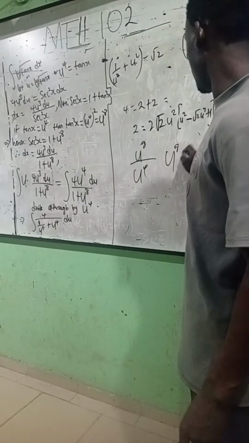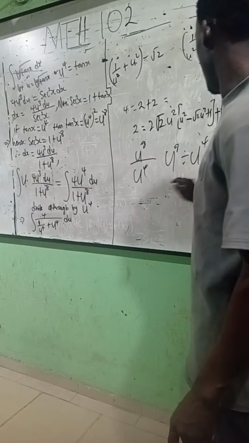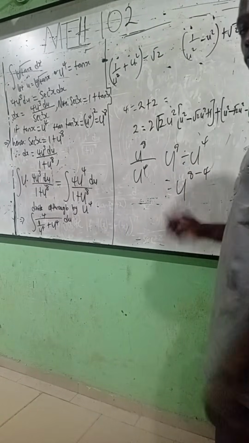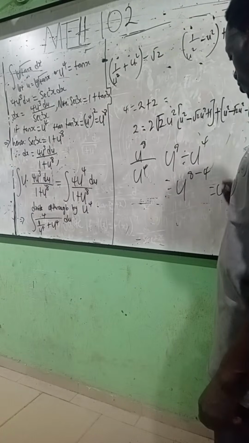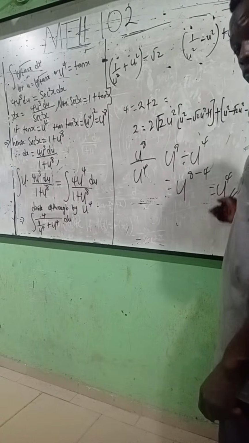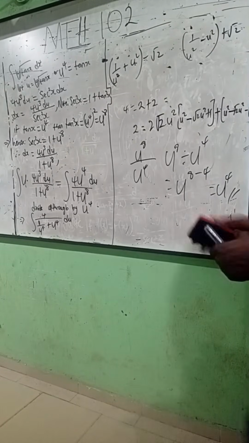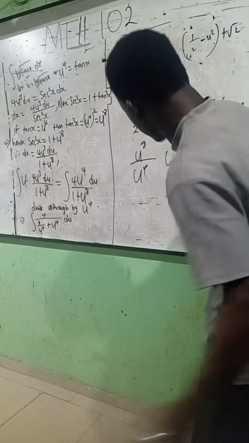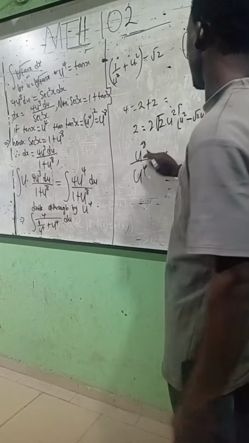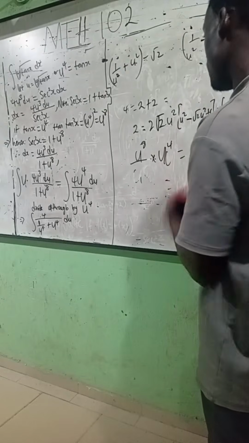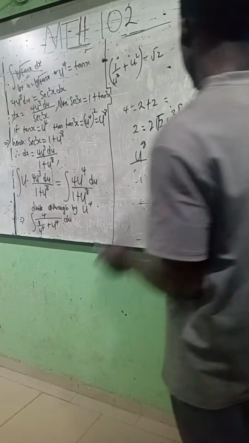U raised power 8 divided by u raised power 4 equals to u raised power 8 minus what? So it's 4, it's not 2. Indices now, assuming it's multiplication, it will be u raised power 8 plus 4. If it's division, it will be minus.